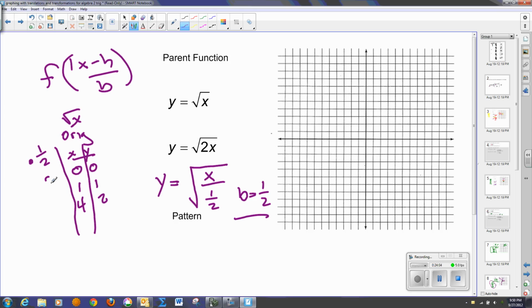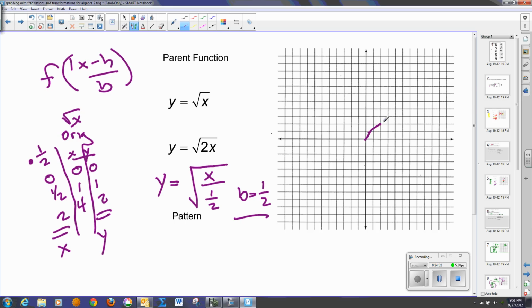So this gives me 0, a half, and 2. Turns out these values here will be my new x's and y's. So what I'm going to do is go over 0 and up 0. I'm going to go over a half and up 1. And I'm going to go over 2 and up 2. And this will be my new graph.